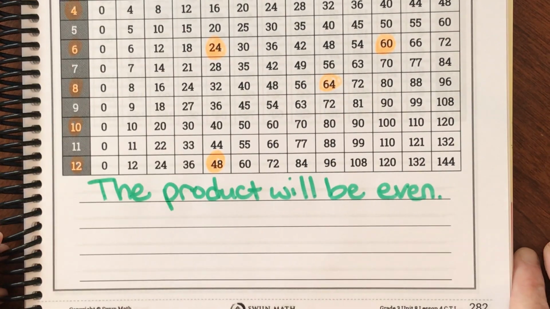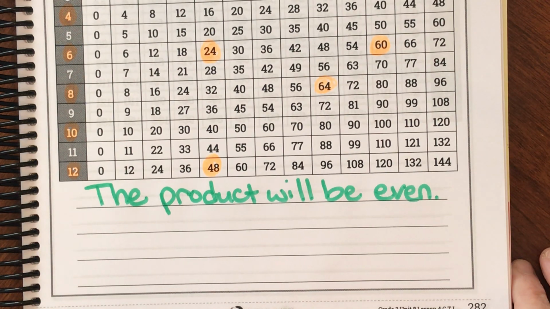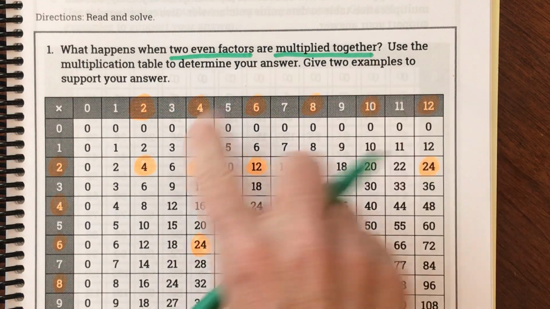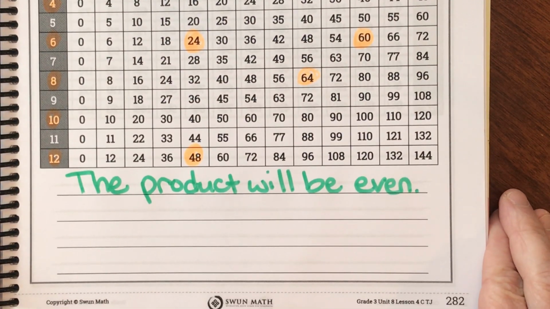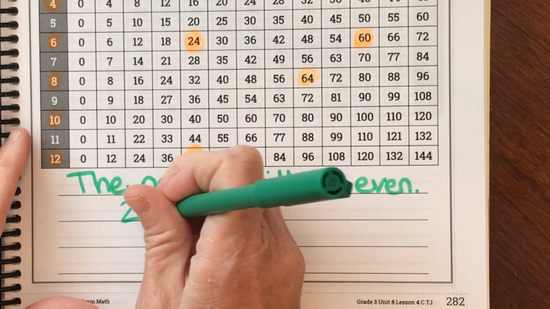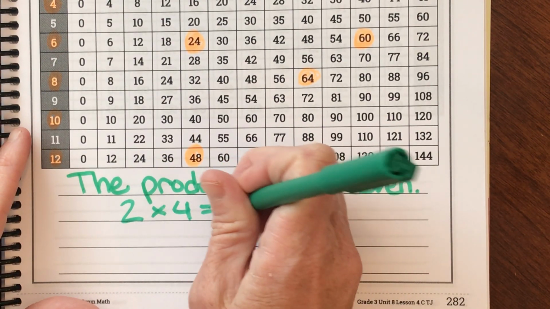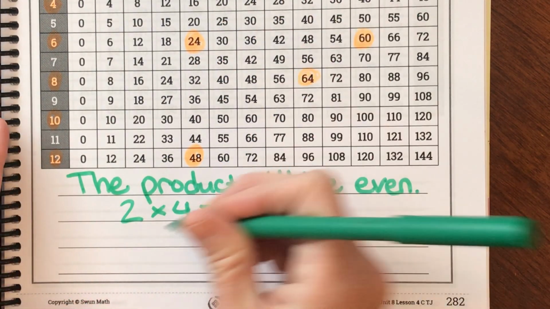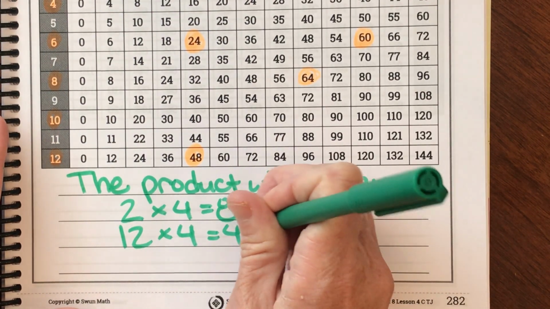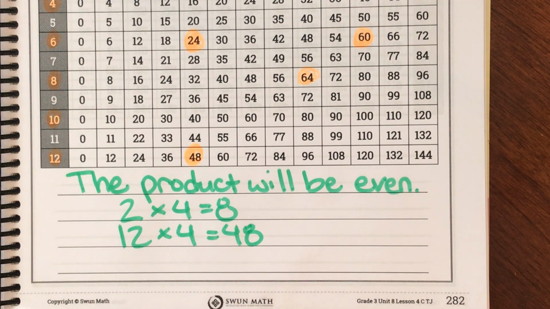If I multiply two even factors, the product will be even. And then in my question, they also said, give two examples. I could do two of my examples: 2 times 4 equals 8, and 12 times 4 equals 48. So those are two examples that I could give.